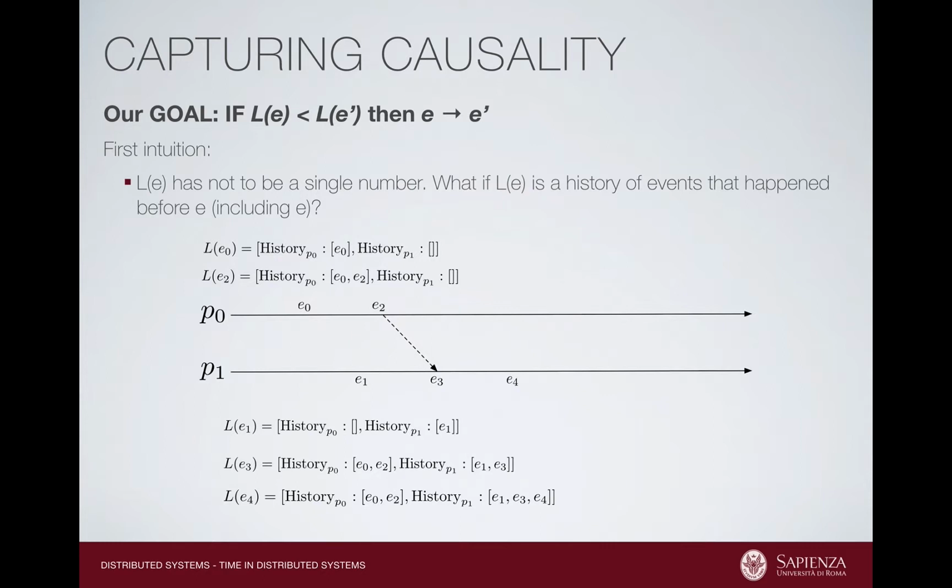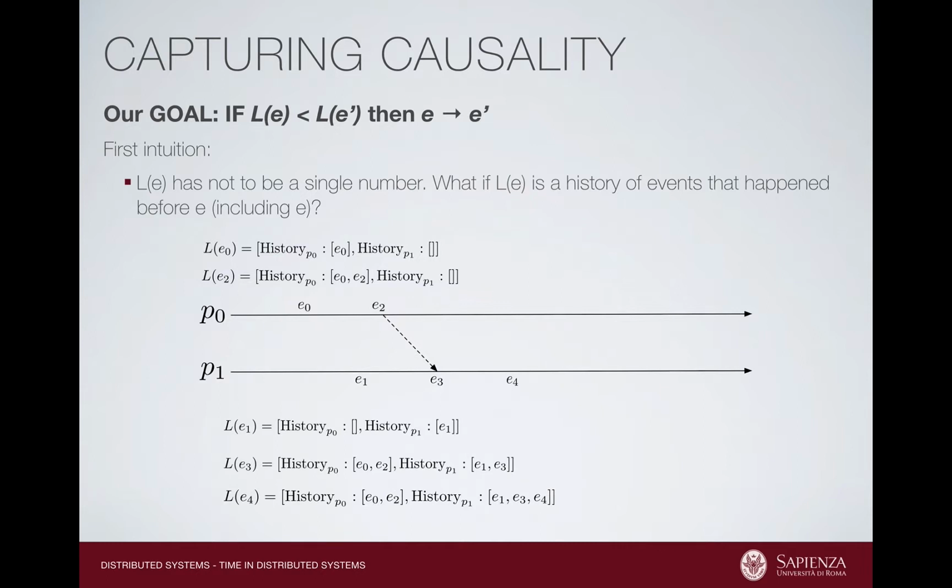So the timestamp for each event, let's say that we are just on a system of two processes, is a list of histories, and you have one history for each process of the system. Each history is a list of events, the list of events that happened on a specific process.